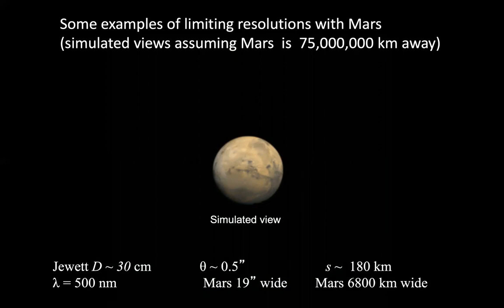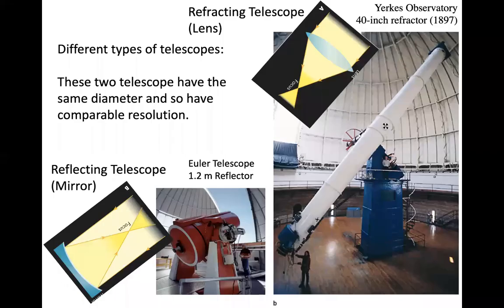And if you make your telescope even bigger, you can potentially do better, although in that case, blurring effects from other things like the atmosphere start to come into play. Okay? So this is one of the reasons why having a large telescope is helpful. It allows you to start to see fine details.